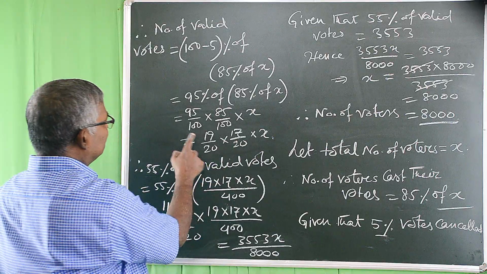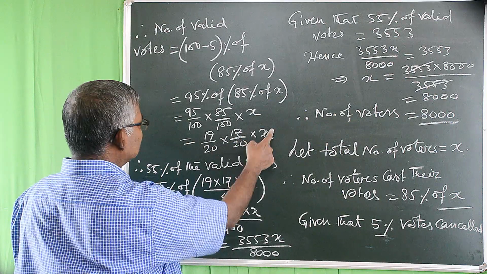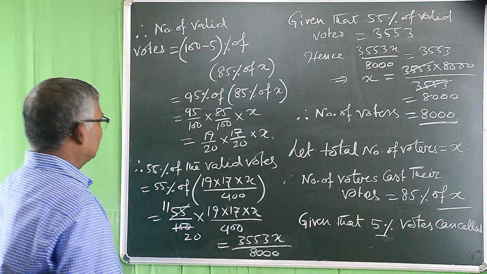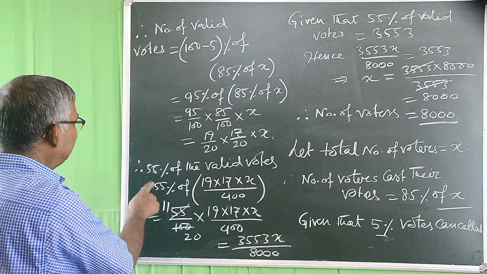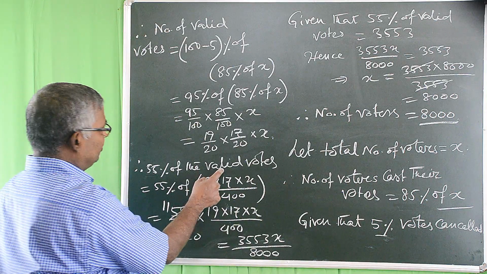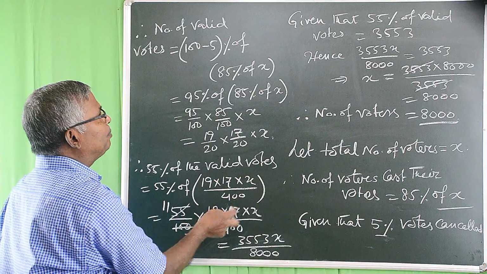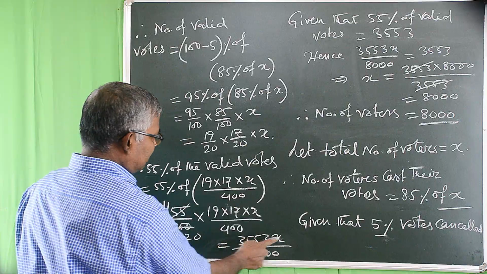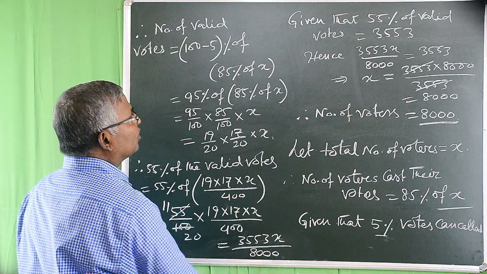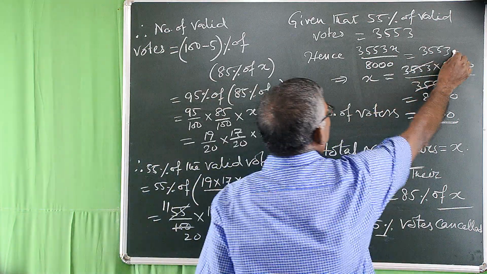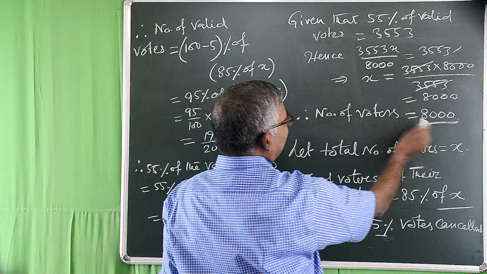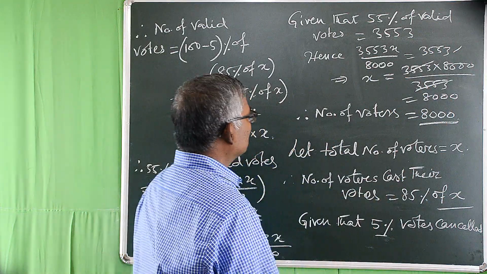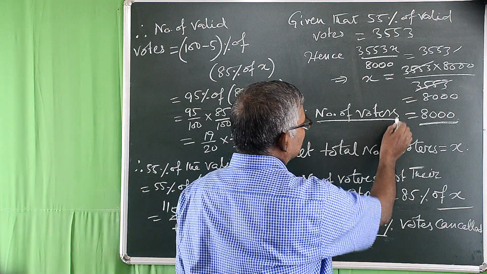So it is 19 into 17 into x by 400. Now given that 55% of the valid votes equal 3553, therefore 3553x by 8000 equals 3553, hence x equals 8000. Therefore number of voters equals 8000.